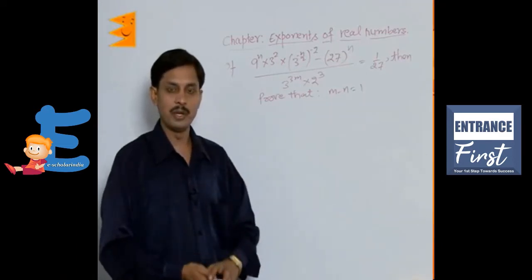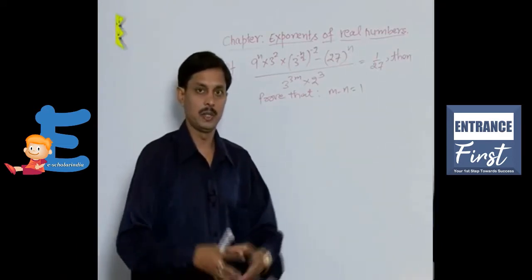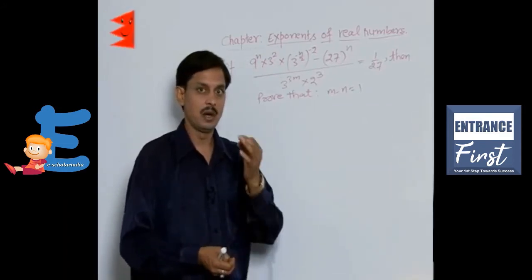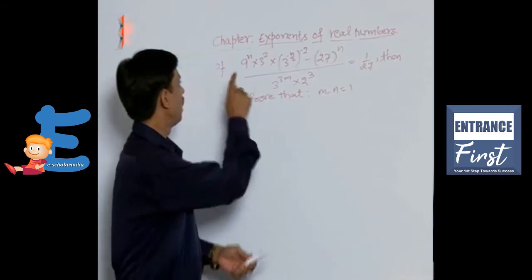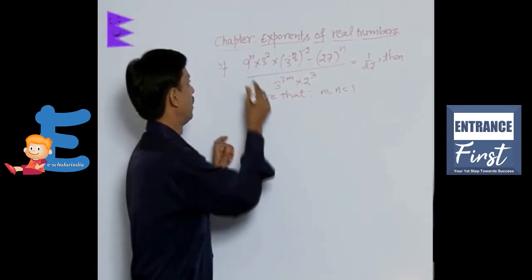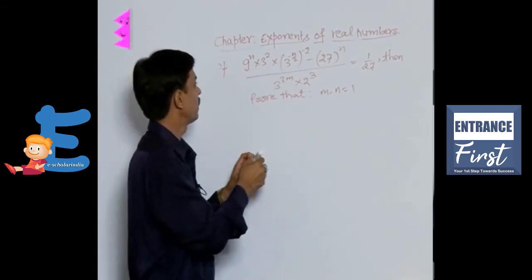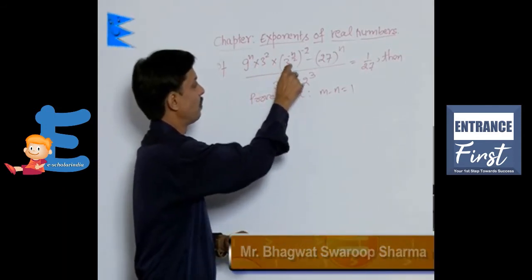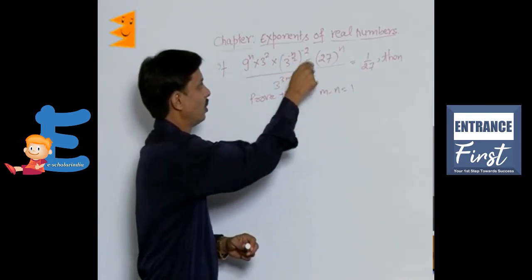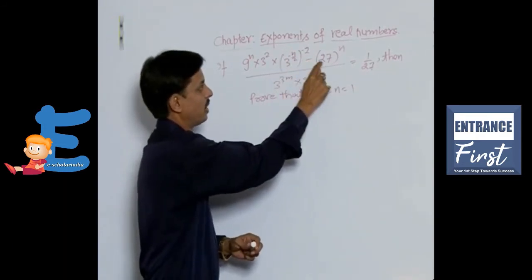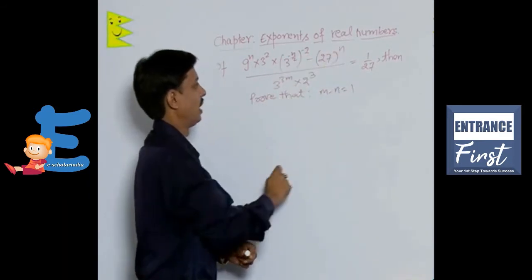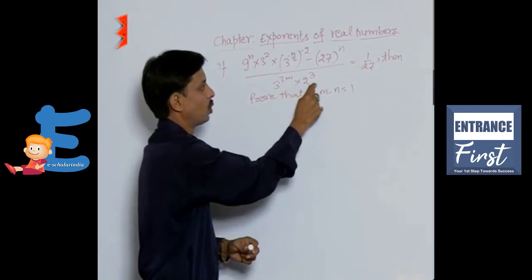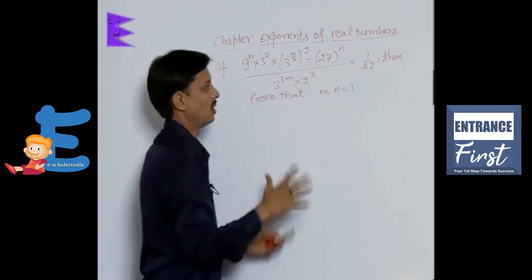Now I want to share with you one more important question which is purely based on the rules of exponents. What is the question? Please see. If 9 to the power n, multiplied by 3 squared, multiplied by 3 to the power minus n by 2, minus 27 raised to the power n, entire divided by 3 to the power 3m into 2 cubed is equal to 1 upon 27.